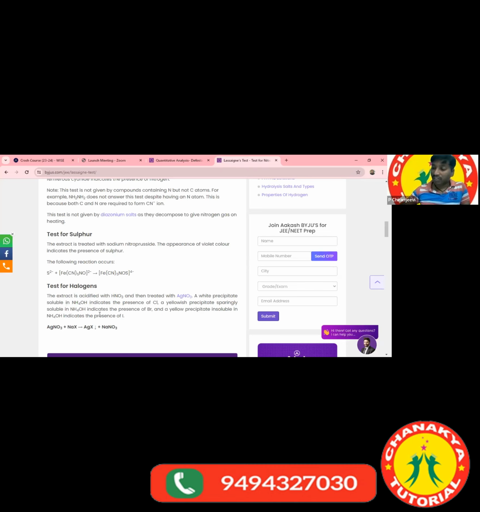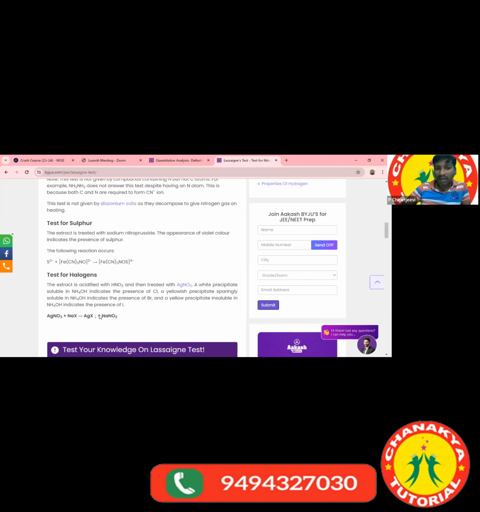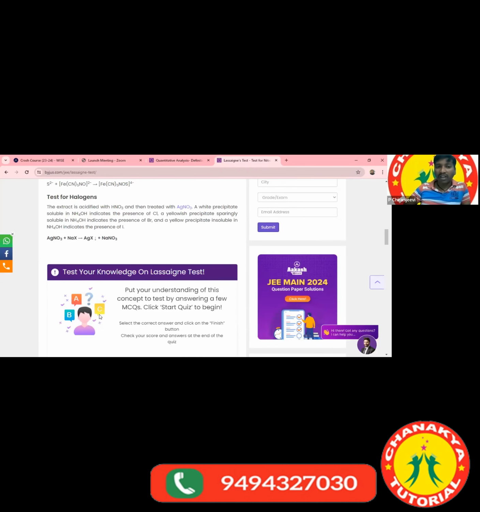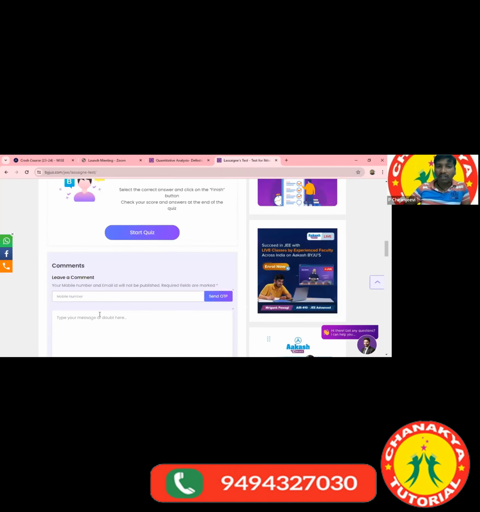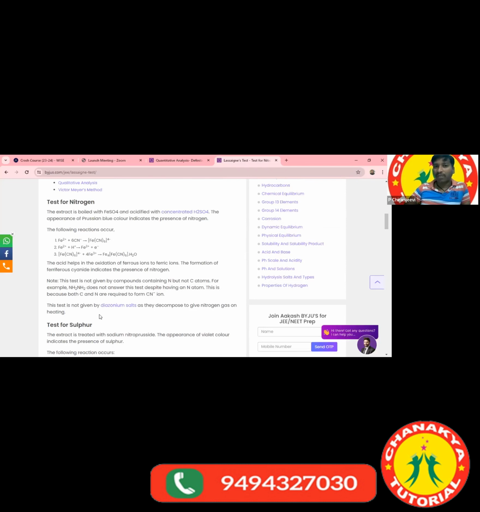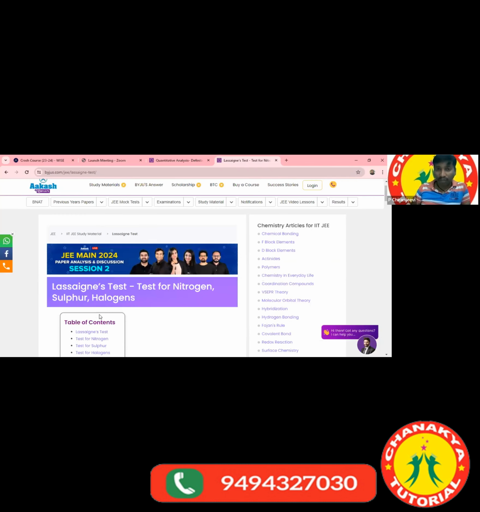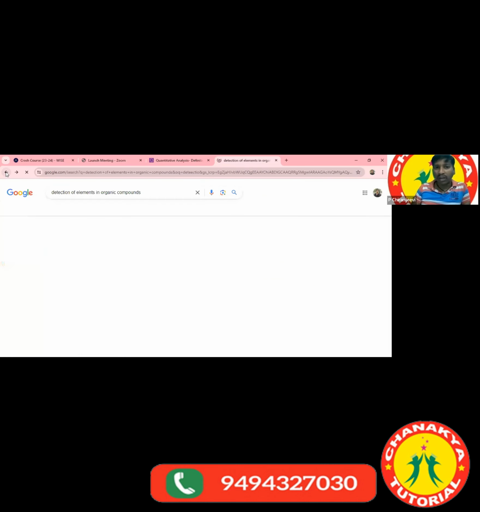If you add aqueous silver nitrate, you will get a white, light yellow, or yellow color precipitate. For example, if the given organic compound contains chlorine, you will get a white precipitate, which indicates the presence of chlorine.